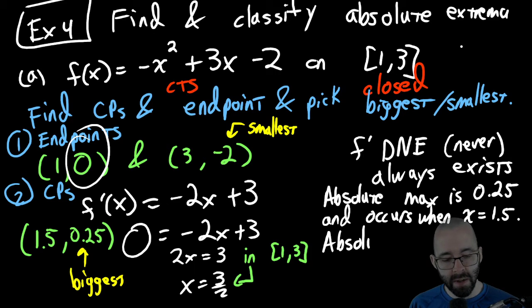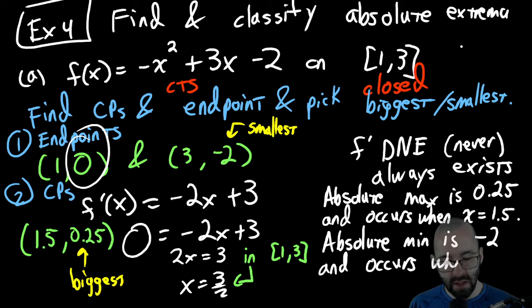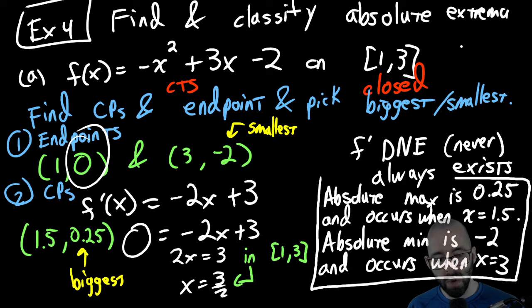The absolute minimum is -2, and that occurs when x equals 3. The phrasing is important. When we say absolute minimum, absolute maximum, we're talking about the y values.